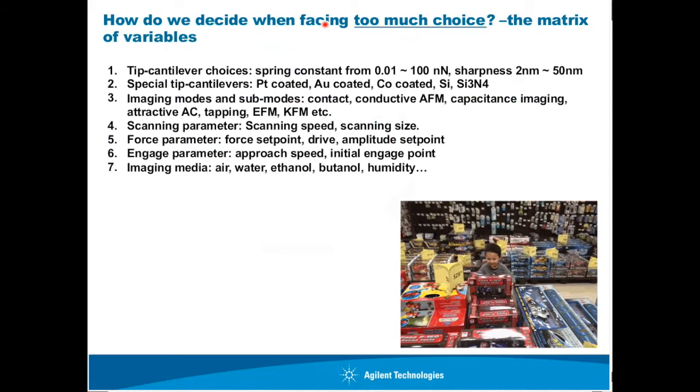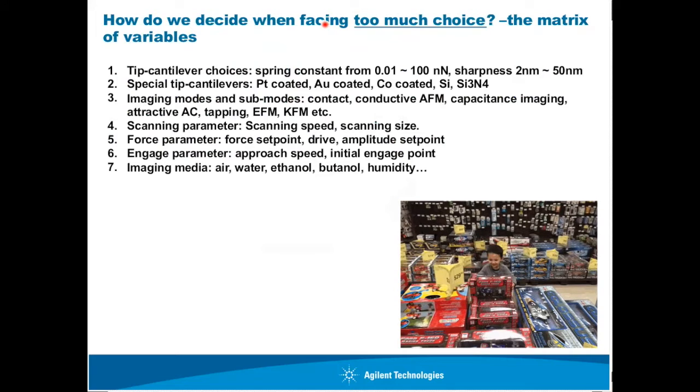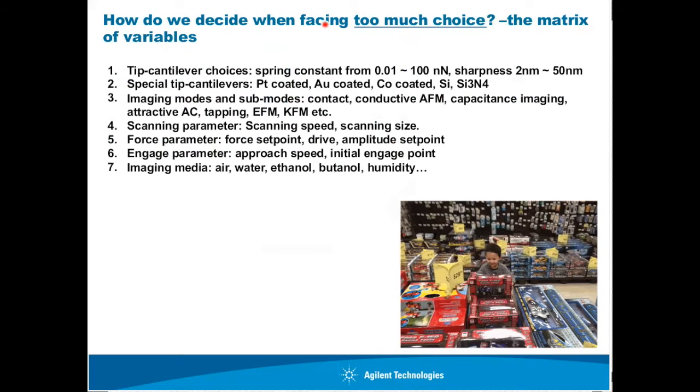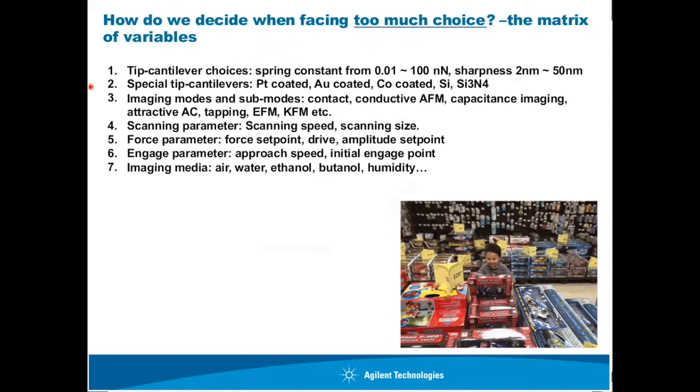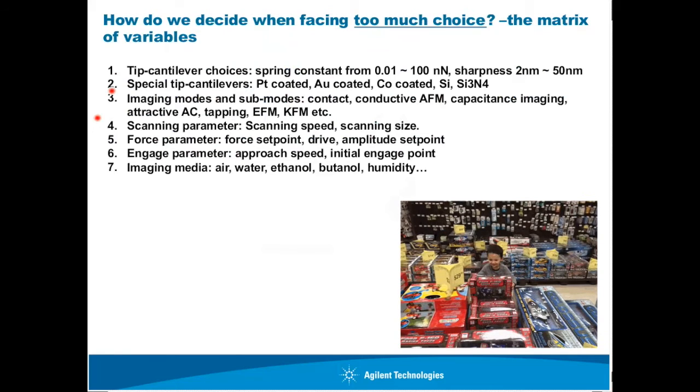The sharpness also varies from 2 nanometers all the way to 50 nanometers. People always ask, should I use sharp tips, or what's the point of even having non-sharp tips? And there are also different coatings, different imaging mode tips, scan parameters, and force parameters. It's just too much choice.